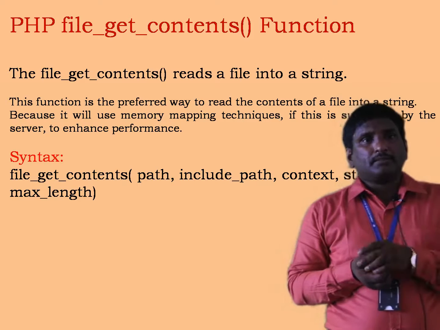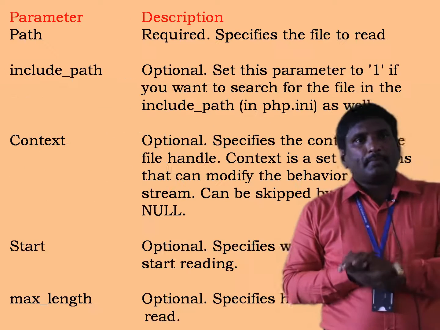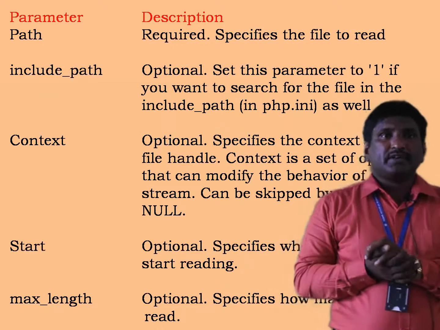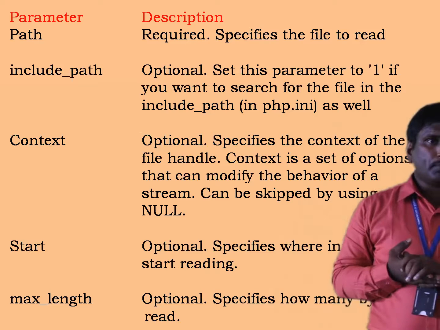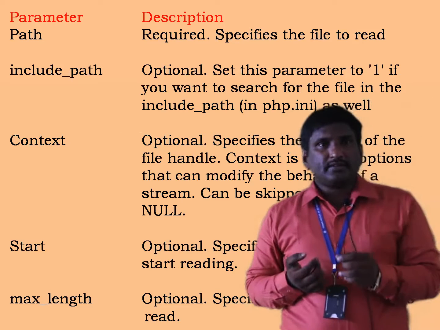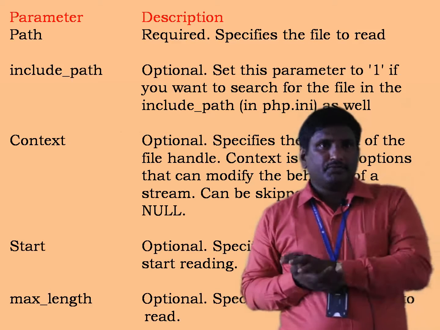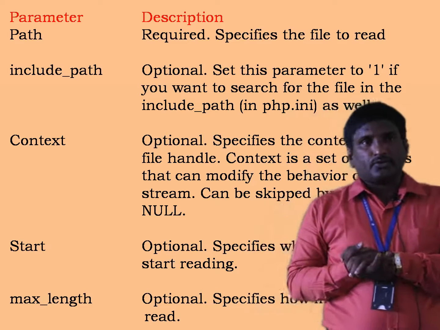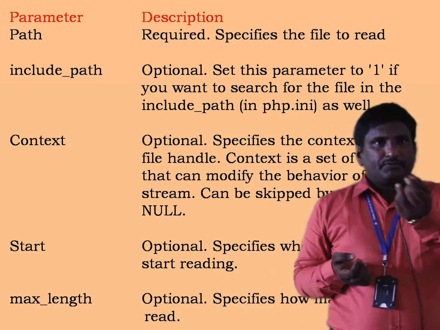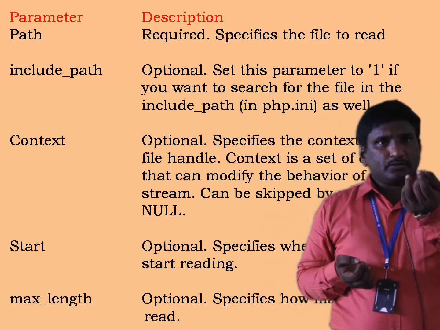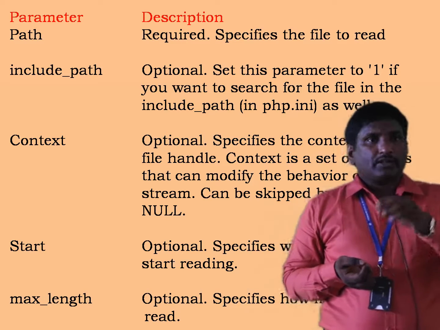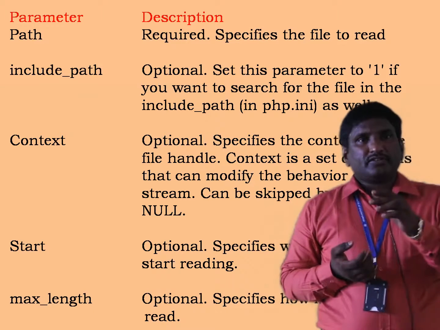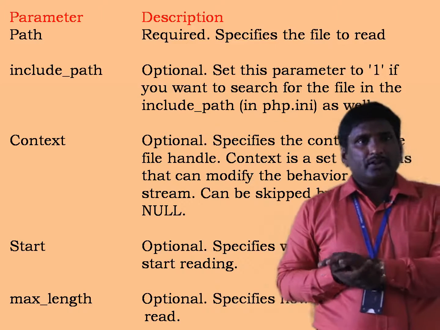Here path is required, it specifies the file to read, and include_path is optional. Set this parameter to 1 if you want to search for the file in the include path as well. If it is 1, the file should be available in the include path; if it is 0, it may not be.